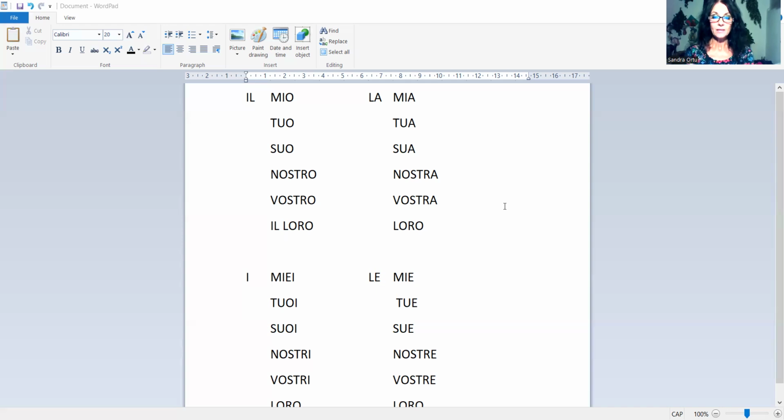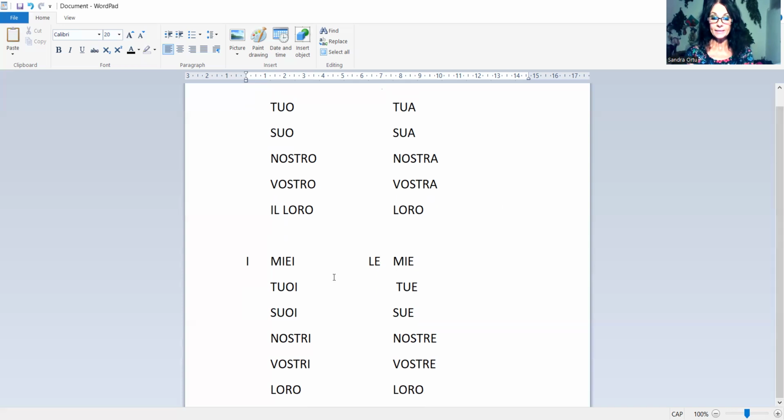The feminine singular, mia, tua, sua, nostra, vostra, loro. Maschile plurale, miei, tuoi, suoi, nostri, vostri, loro. Femminile plurale, mie, tue, sue, nostre, vostre, loro.